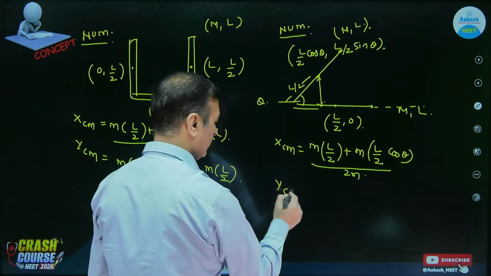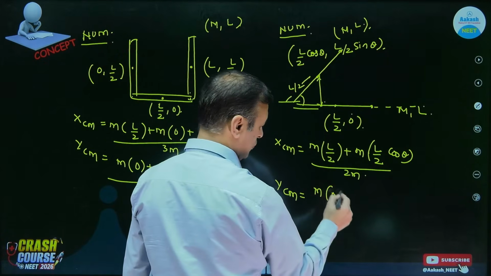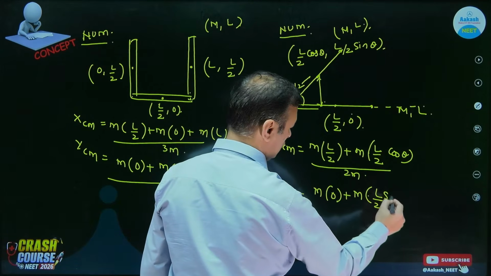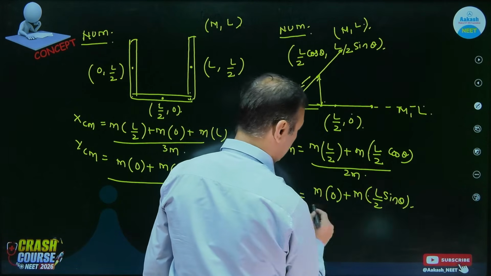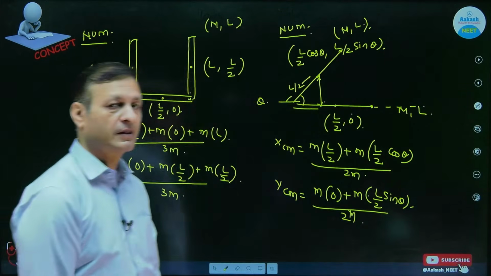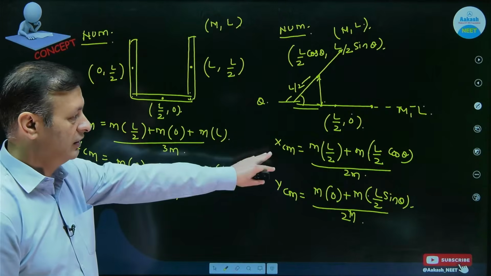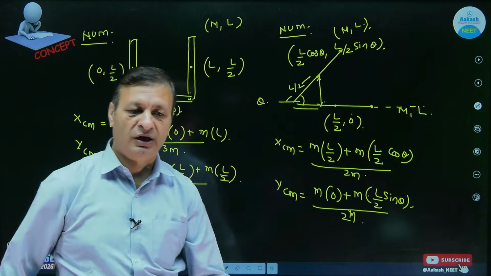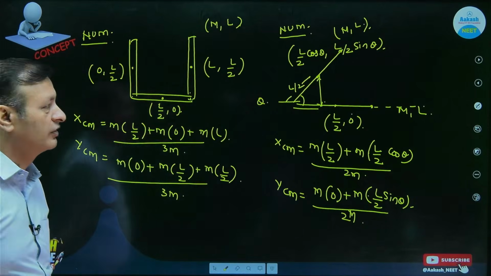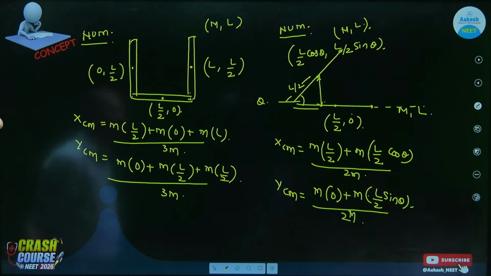For the y coordinate, it's m1 into y1, m2 into y2 by m1 plus m2, so that gives you 2m. So I hope you got the expression how to find out the center of mass for this configuration. Got it?